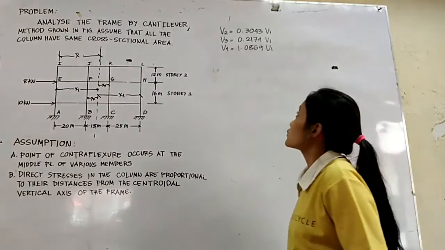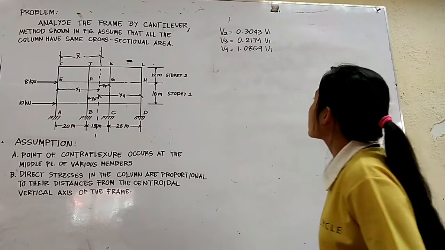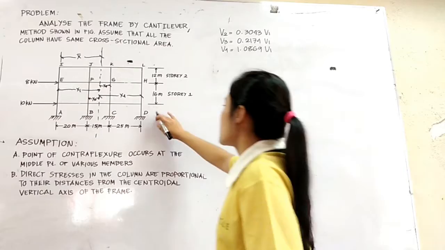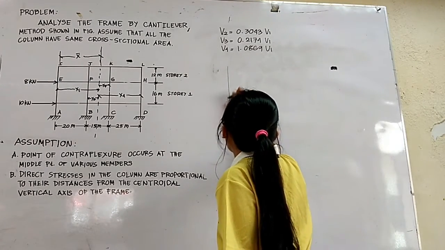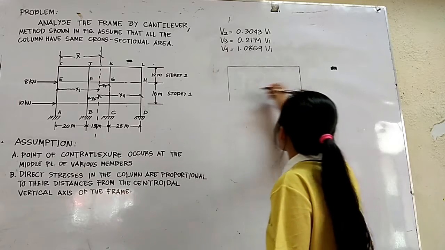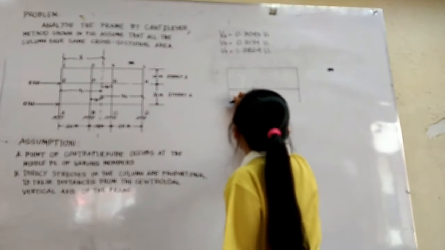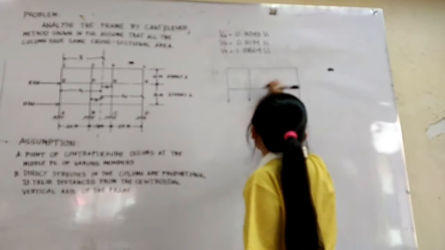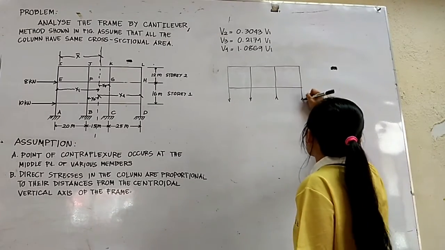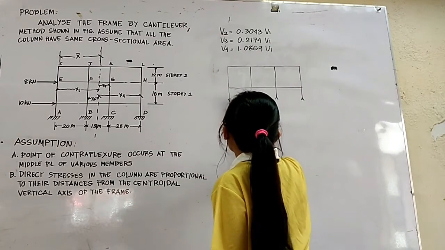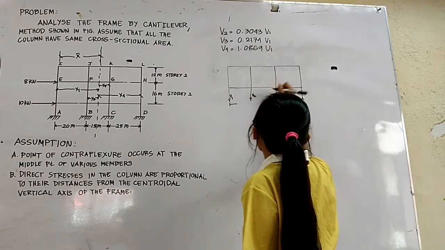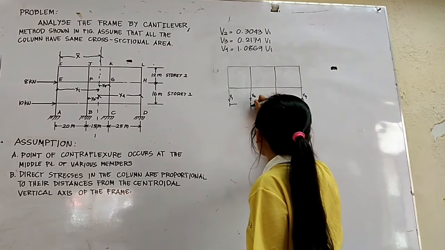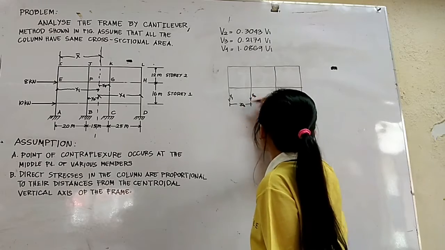So now we have the values of V2, V3, and V4, but V1 is still unknown. So we need to find the contraflexure in this diagram. Assume the directions are downward, downward, upward, and upward. The distance from V1 to V2 is 20 meters.